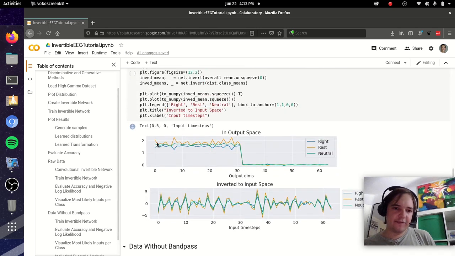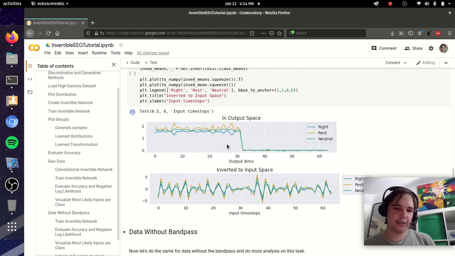That's why we have these differences mostly in the first 32 dimensions, because these are the amplitude dimensions and the next ones are the phase dimensions. So you can already see that most of the differences are in the amplitude dimensions, as one would also expect for this kind of task.